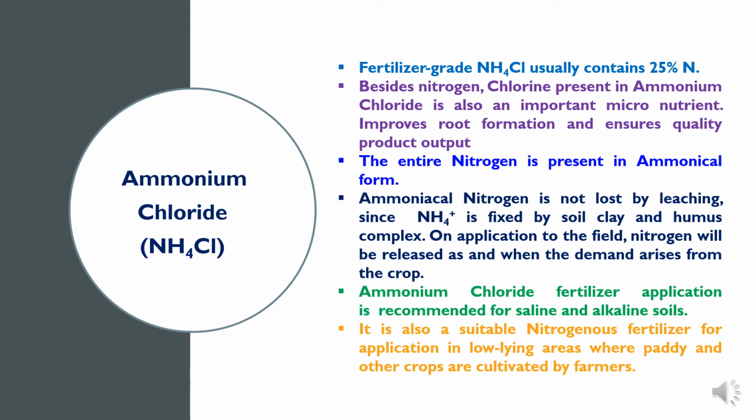Next ammonium form of fertilizer is ammonium chloride, which contain 25% of nitrogen. The entire nitrogen is present in ammonical form, and there is no leaching loss in ammonical form of fertilizers. This fertilizer is recommended for saline and alkaline soils and suitable for low-lying paddy cultivation area.